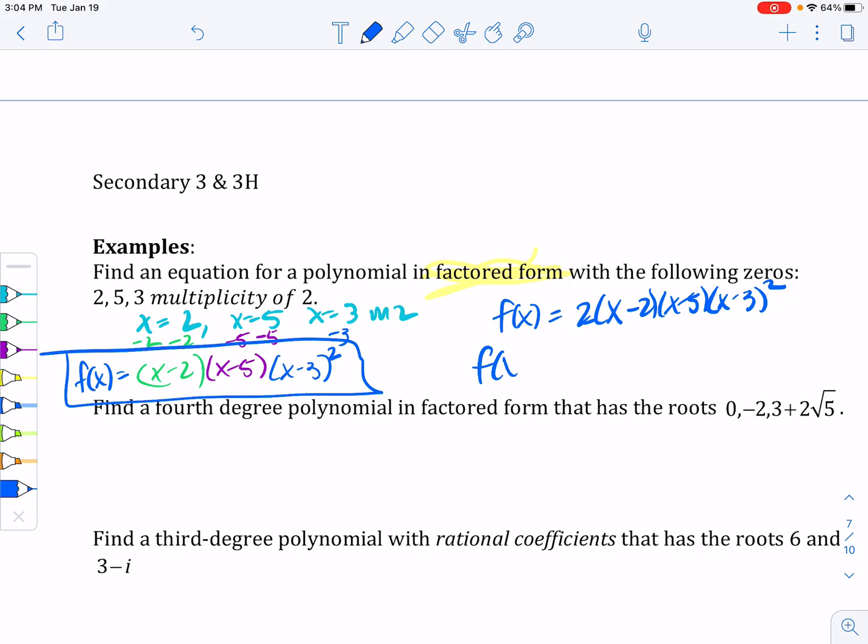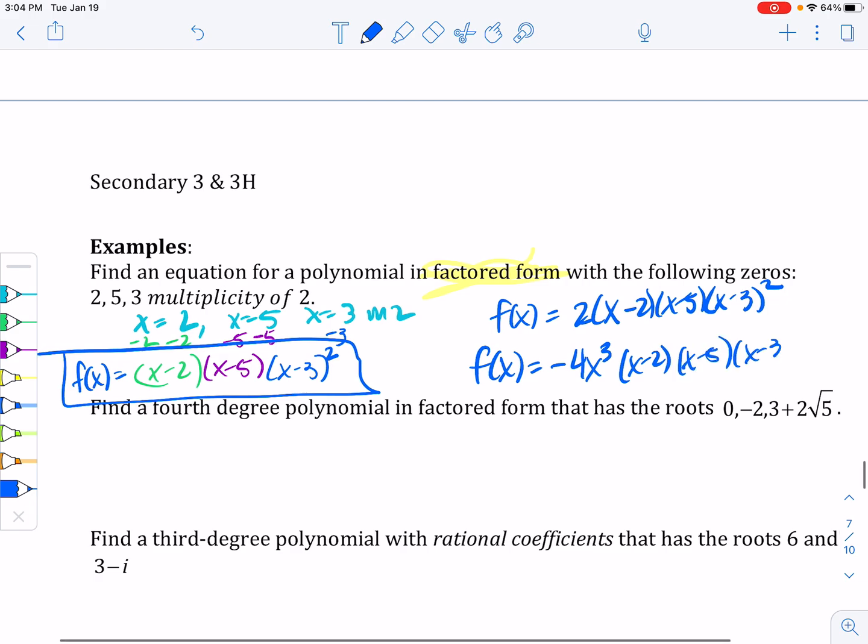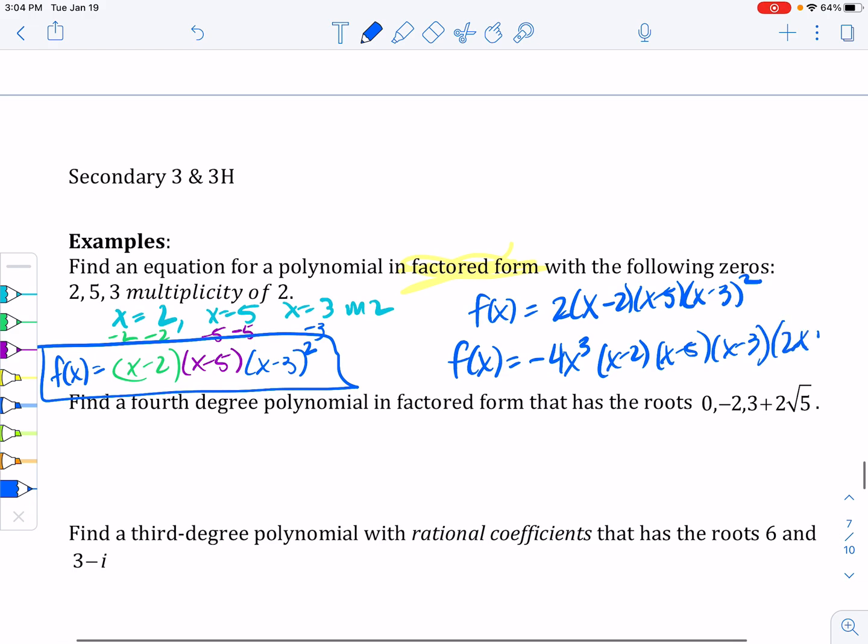So I could have another one where I've got f of x equals negative 4x cubed times x minus 2 times x minus 5 times x minus 3 times 2x plus 1, right? Because it has these zeros. It didn't say only these zeros, so I could have more zeros than that. Okay? So there's a whole bunch of answers that you could have for this one.